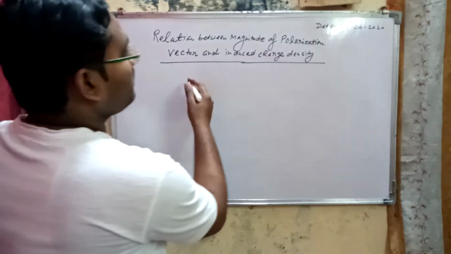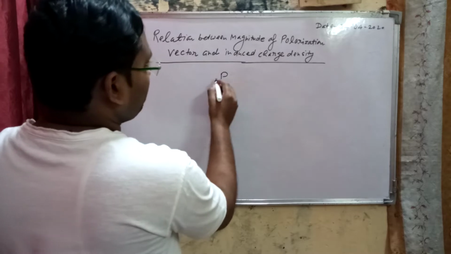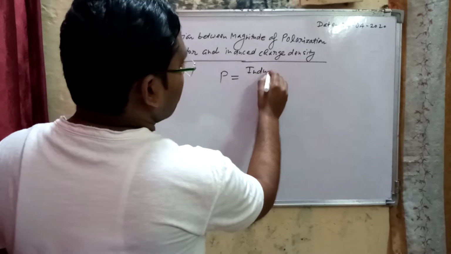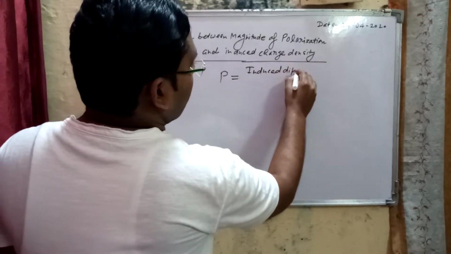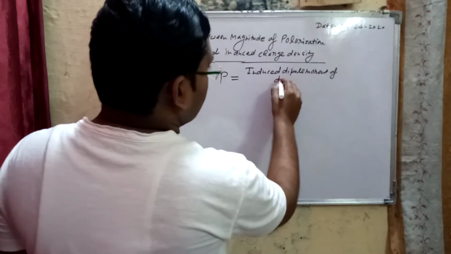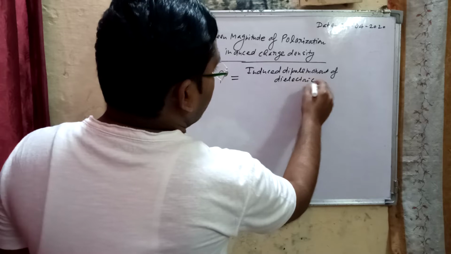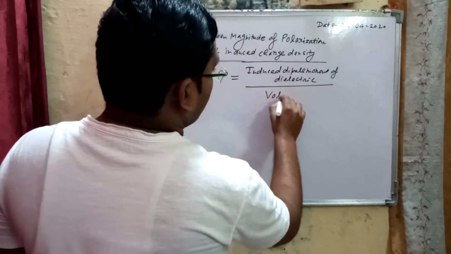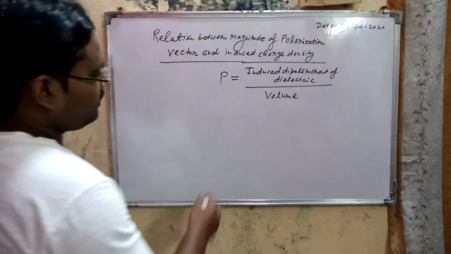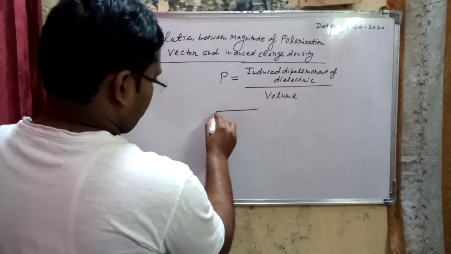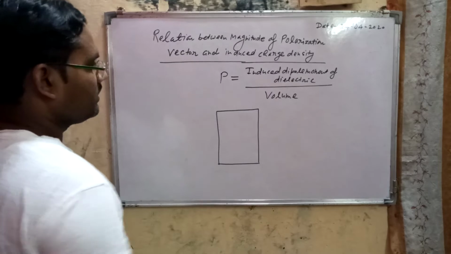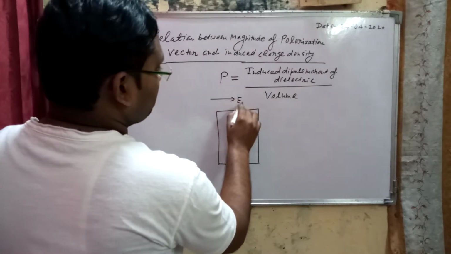That means here the polarization vector capital P is defined as the induced dipole moment of the dielectric divided by the volume of the dielectric. Now here we take a dielectric. This dielectric is placed in an external field.